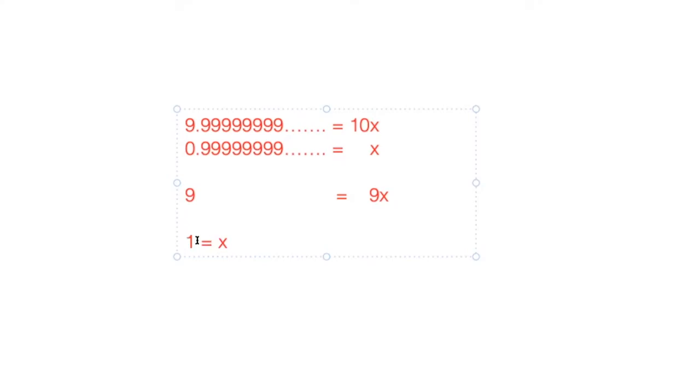How is that possible? And the answer is that when you start talking about things that are infinite, infinitely long, infinitely many nines, weird things start to happen.